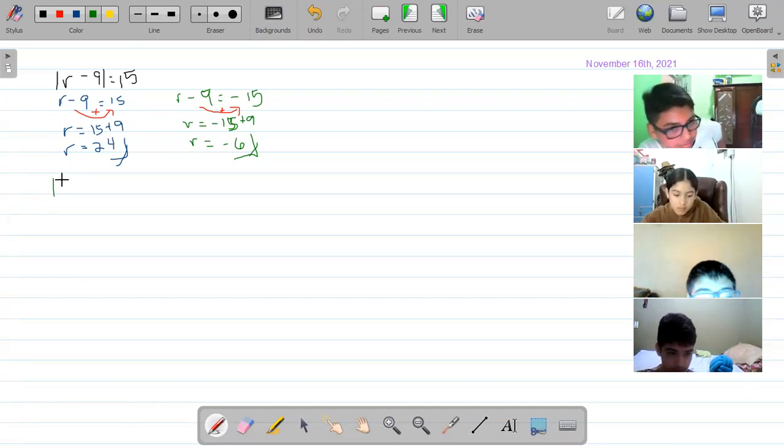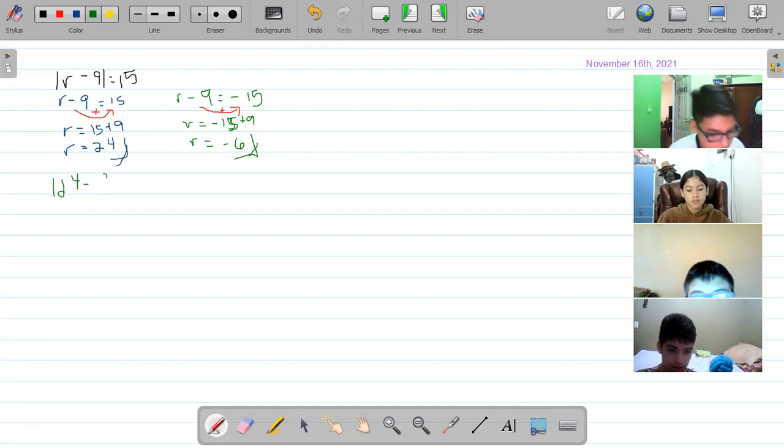So we have 24 minus 9. If I substitute the value of r in here, right? 24 minus 9, that is 15. What is the absolute value of 15? Well, in this case, 15. And it is correct.